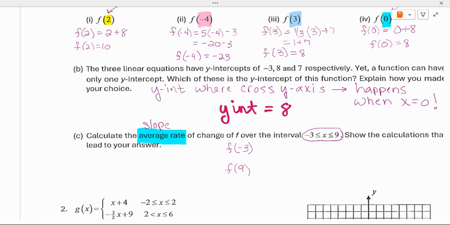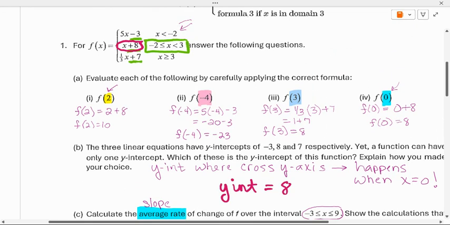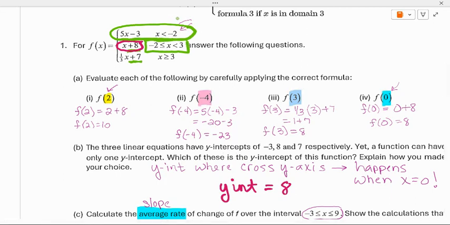So when x is -3, I am going to use the function 5x minus 3. Why? Because my input, -3, falls in this domain: all x values that are less than -2. When x is 9, I'm going to evaluate using this function. Why?